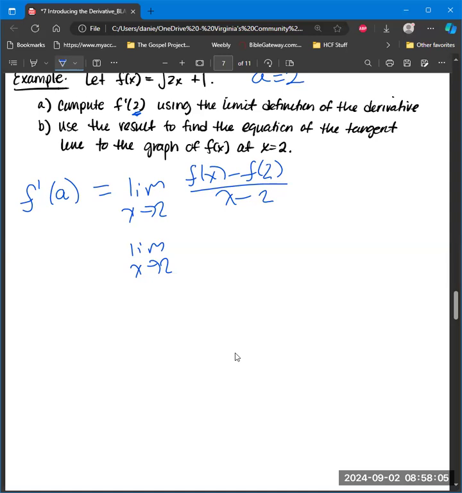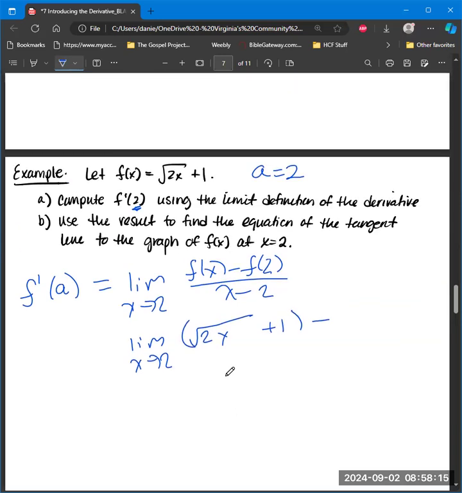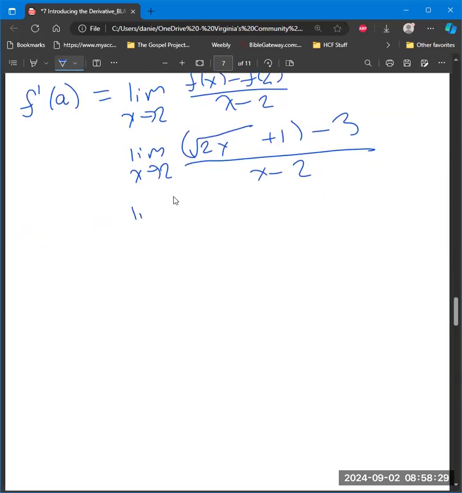So this is going to be the square root of 2x plus 1 minus, and if I stick 2 in there, 2 times 2 is 4, square root of 4 is 2, 2 plus 1 is 3, minus 3 over x minus 2. So this right now is the limit as x approaches 2 of root 2x, and then minus 2 over x minus 2.